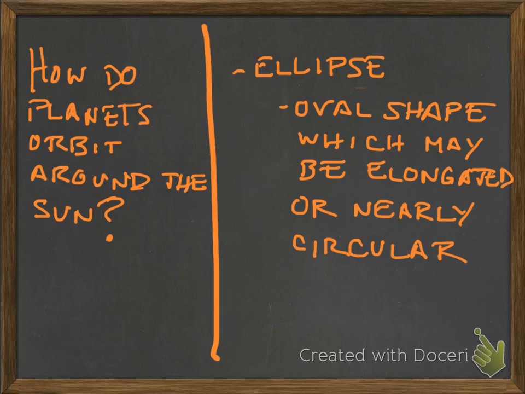That gets to be important when you're talking about times of the year and how close you are to the sun. But for now, all you need to know is that the planets orbit around the sun in an ellipse, which is basically an oval.